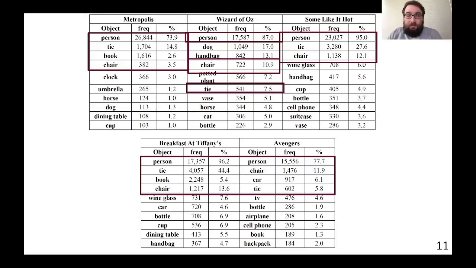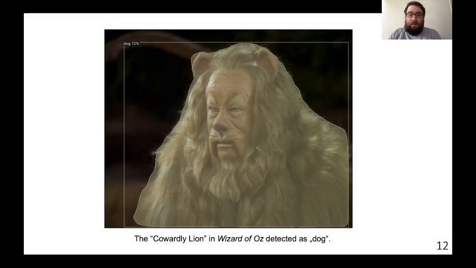A good example for this is the object dog, which is one of the most frequent objects in Wizard of Oz, which is, if you look into the data, actually a false prediction more or less. It's the Cowardly Lion, a character of the movie, which is falsely detected as dog. But it's understandable why the model does this detection.